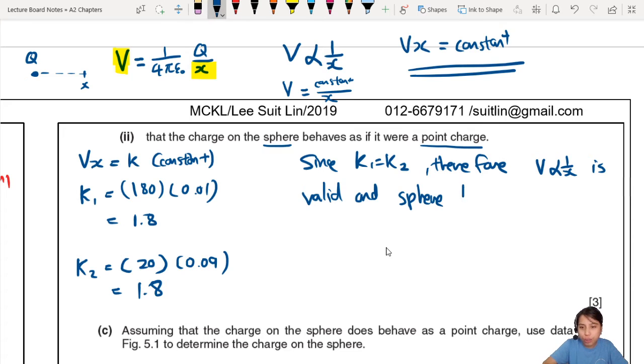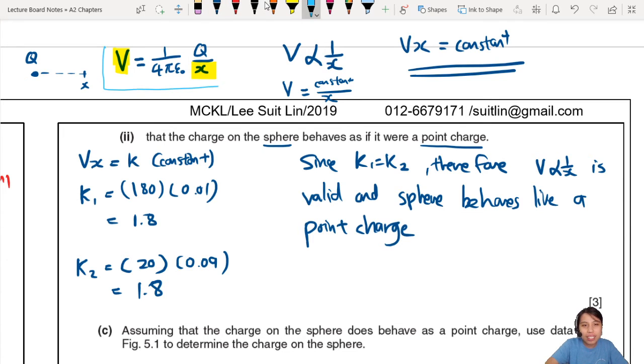How about that? Okay, so the sphere behaves like a point charge because the relationship is based on a point charge. V proportional to 1 over X, this is point charge from what we learned in the previous unit. So now, still follow the same relationship. So there's 3 marks here. The first one comes if you know this idea that Vx should be a constant.